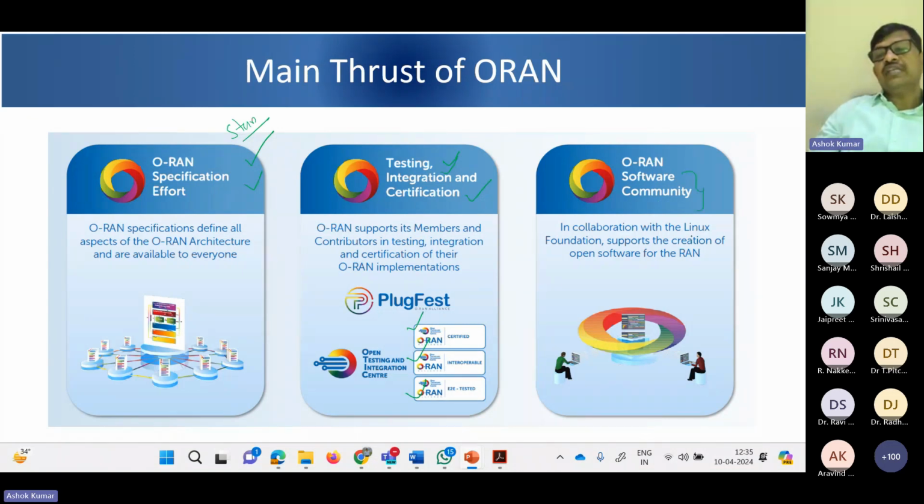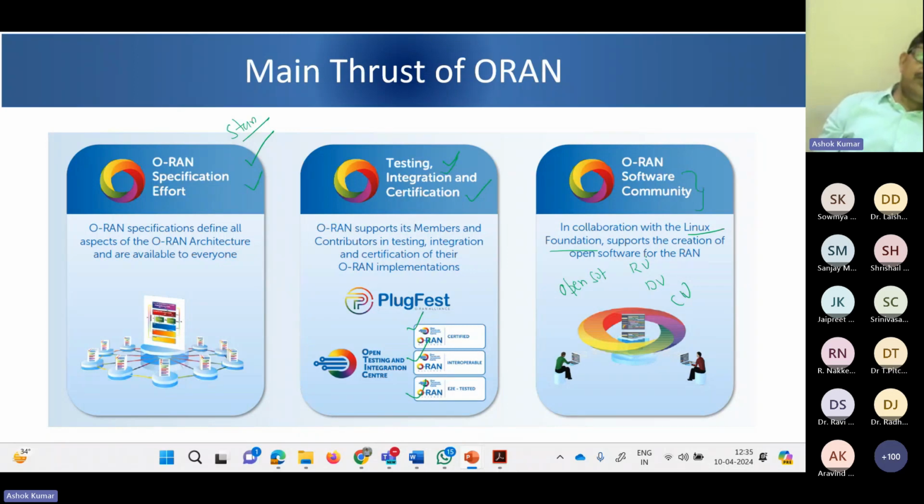And then they have created a software community. So basically, along with Linux Foundation, they have tried and created open software for RU, DU, and CU. Those are reference software anybody can use.